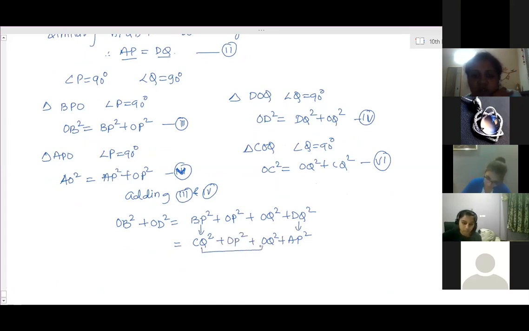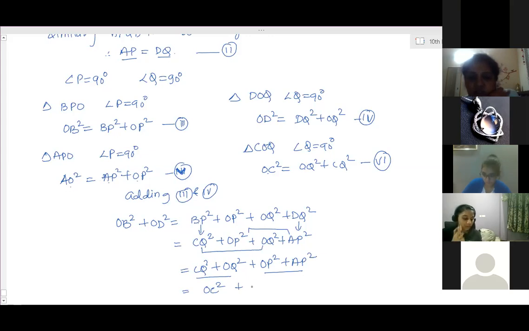Now combine these two and combine these two: CQ square plus OQ square plus OP square plus AP square. So CQ square plus OQ square is equal to OC square. OP square plus AP square is equal to AO square. That's proved.